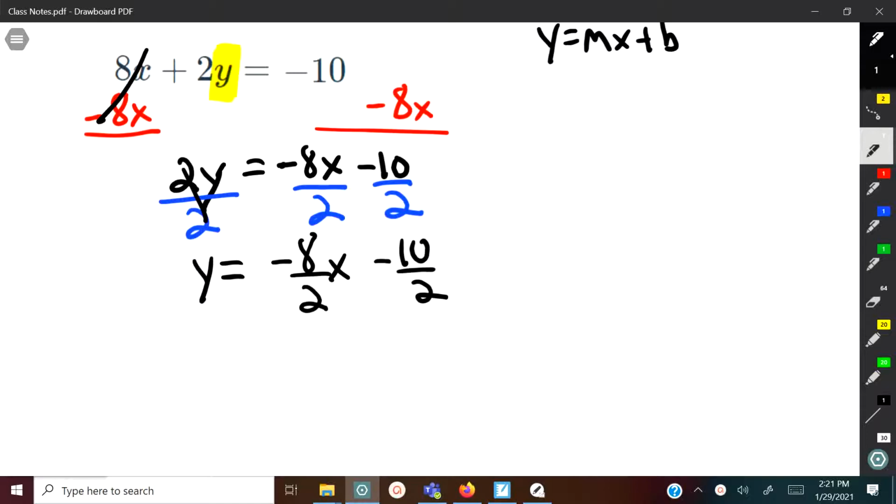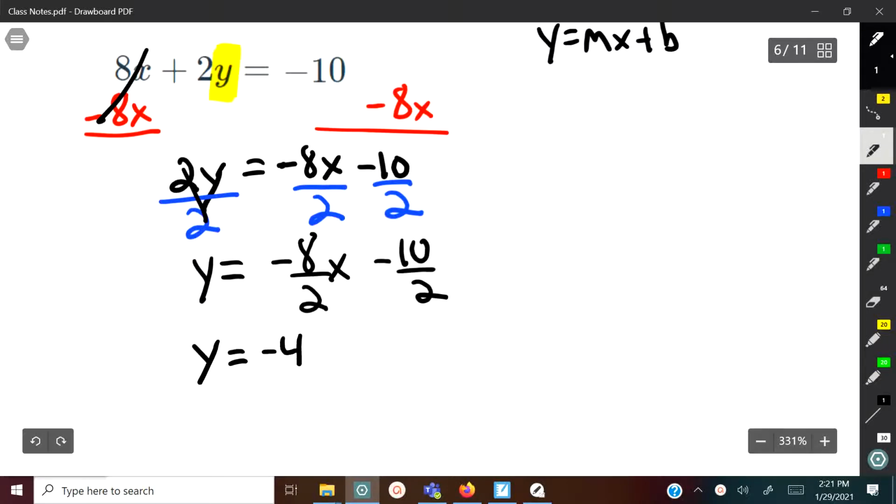So now all we have to do is simplify. This is really easy because you just divide and it comes out even. But they don't always come out even. Sometimes it's a fraction. But negative 8 divided by 2 is negative 4, and negative 10 divided by 2 is negative 5. And then this is your answer.